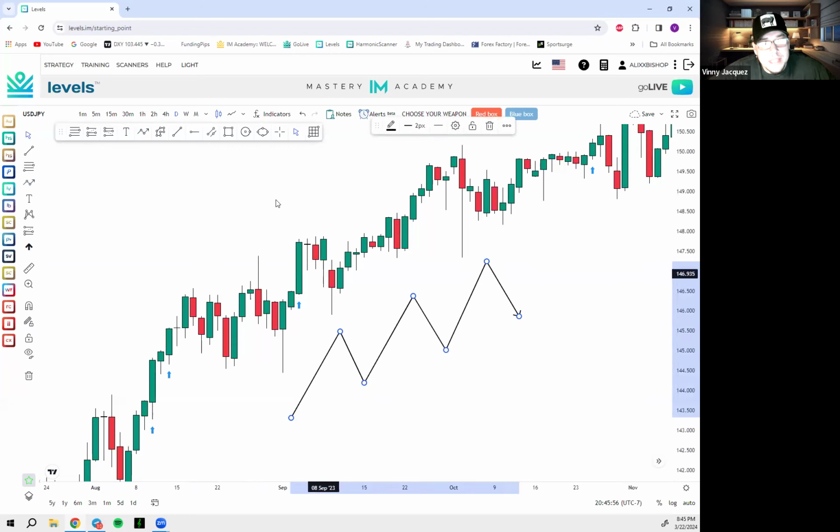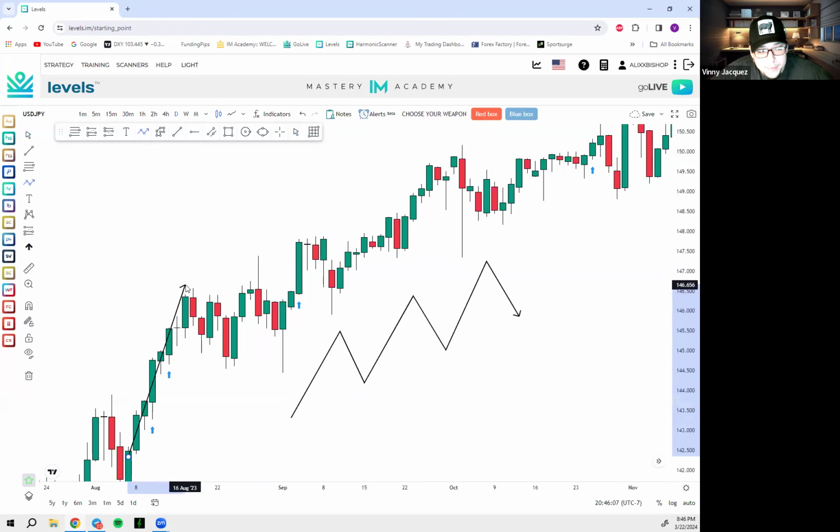But notice how this isn't what real market structure is going to look like most times. Notice how, guys, this right here is a higher high. Maybe this wick would be considered the high because it's the highest point in this bullish rally. And then we get this higher low. But notice how we consolidate. Consolidation, we make a new high.